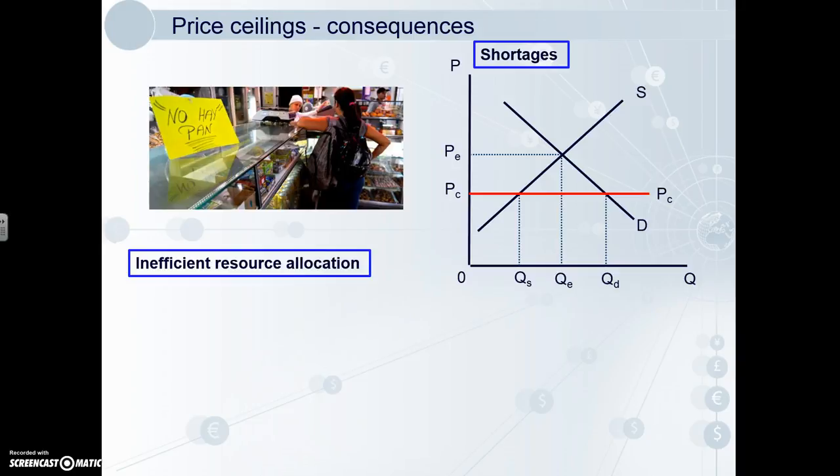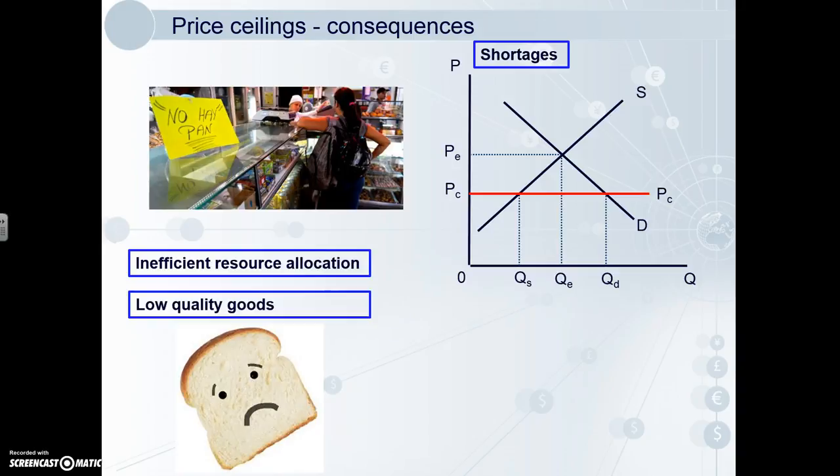Now, the price mechanism can't work, so we have an inefficient allocation of resources due to the price ceiling. And again, we will have low quality goods. Why make the bread better if you won't get paid for it? There's no incentive there. With such a shortage, if it's available, it will sell.